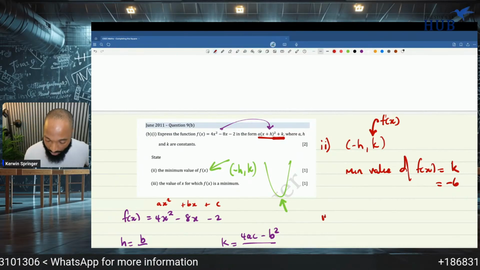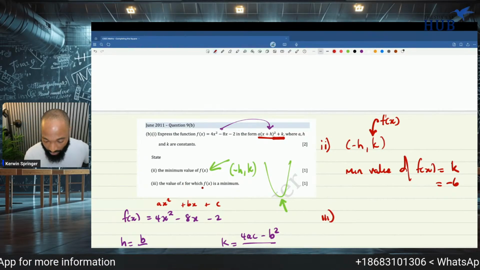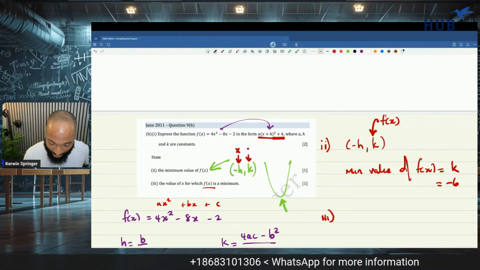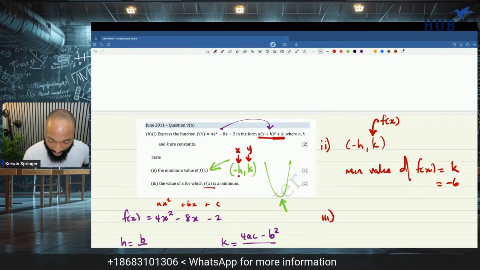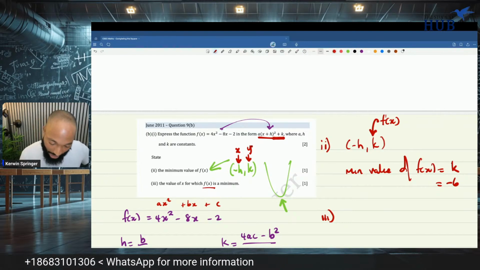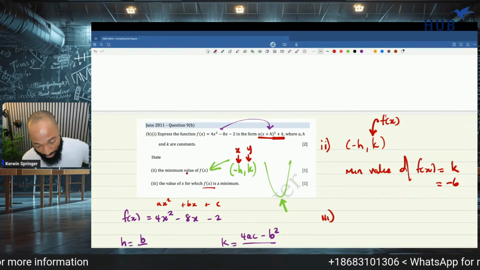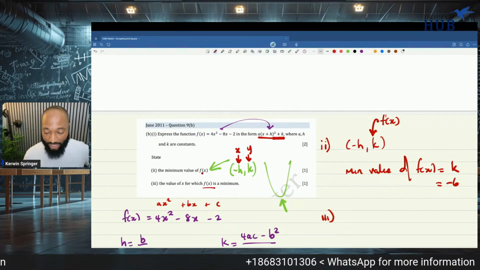And number 3, the value of x for which f of x is at the minimum. That's this. So we spoke about this in class last week. You all remember this? The x value is the value of x at the minimum, and the y value is the value of y at the minimum, or the f of x at the minimum value of f of x is another way of saying it.